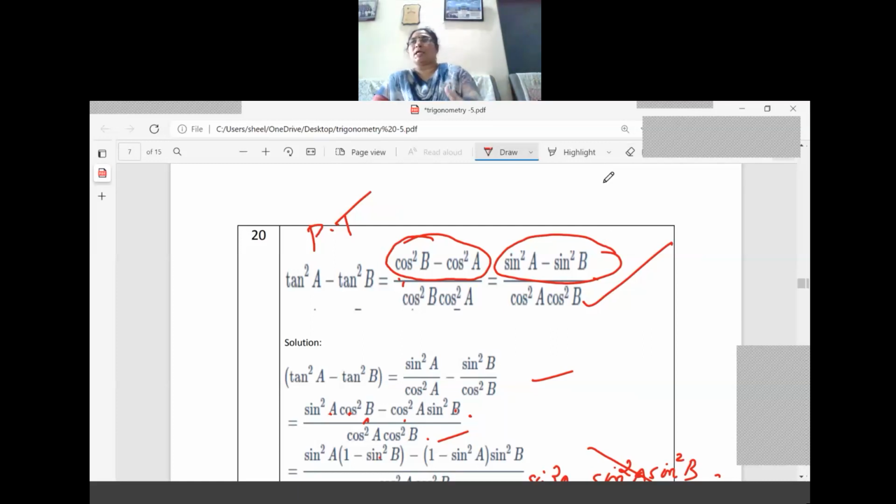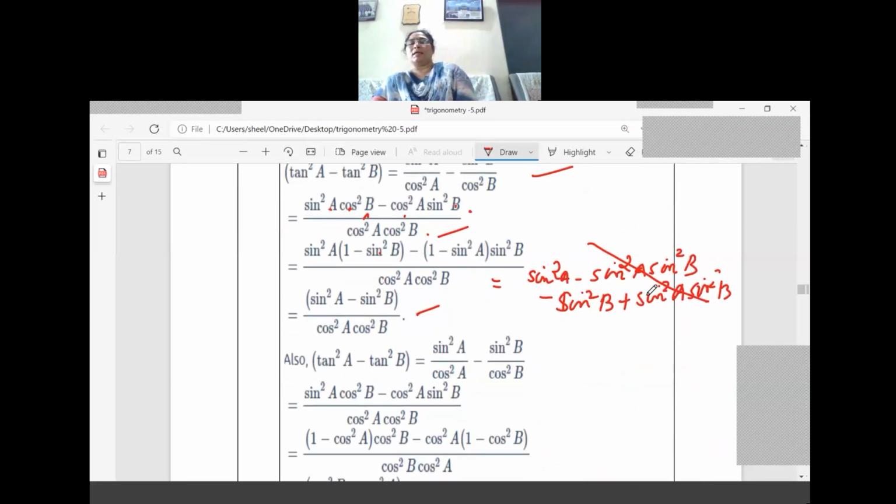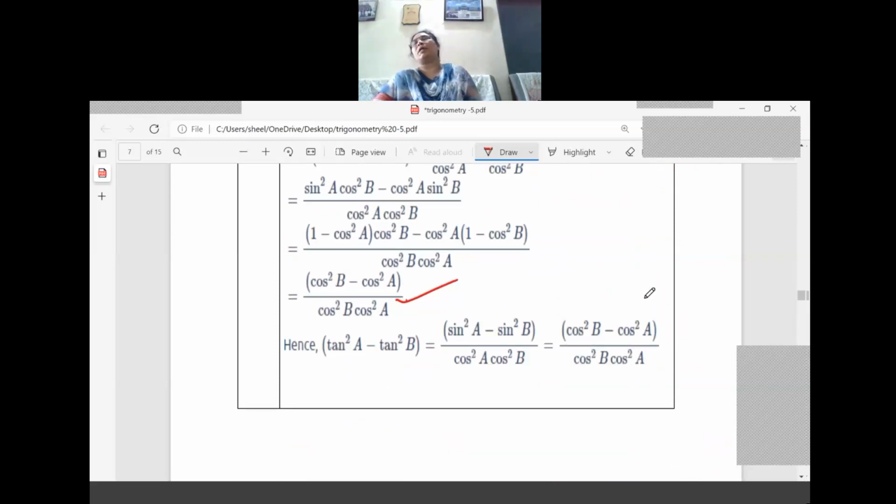Understood? So maybe in between you will get the answer. Maybe you can proceed from there. That also possibilities are there. So here what happened? We are getting both the answers in a different way. So both the answers should be solved and proved. And what is the final conclusion to be written?